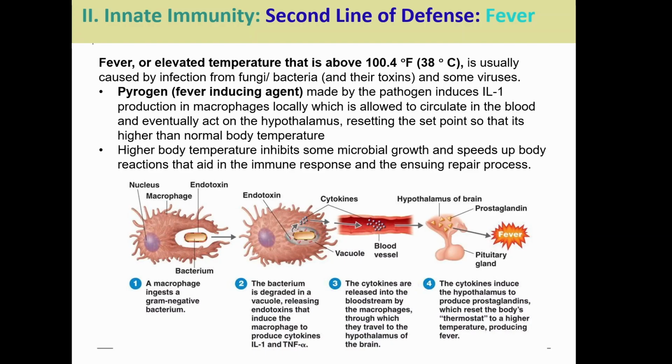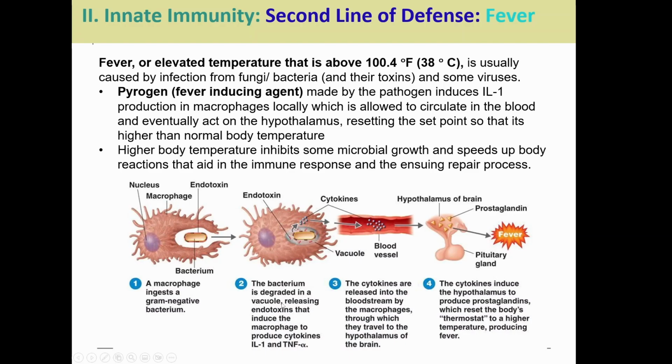Obviously, if a fever is too high, right, then that's something we need to be concerned about, because the person's own healthy tissues can be damaged by it. But a low-grade fever is not unheard of, right? So we look at what's going on. Some sort of macrophage takes on this bacterium. There's some sort of endotoxin produced by that bacterial cell, and then it's going to degrade.